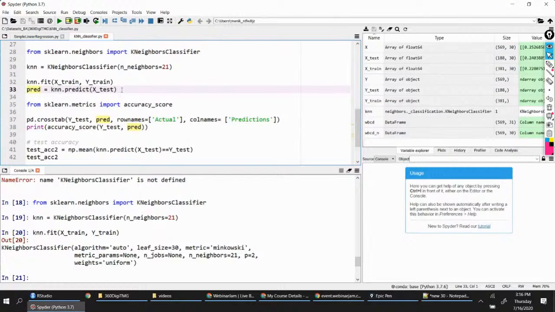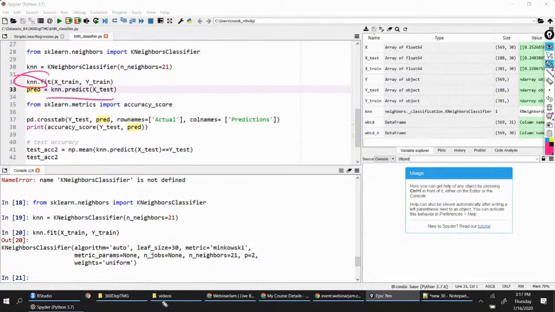So it simply passes the data into the equation and generates the results, or generates the equation.